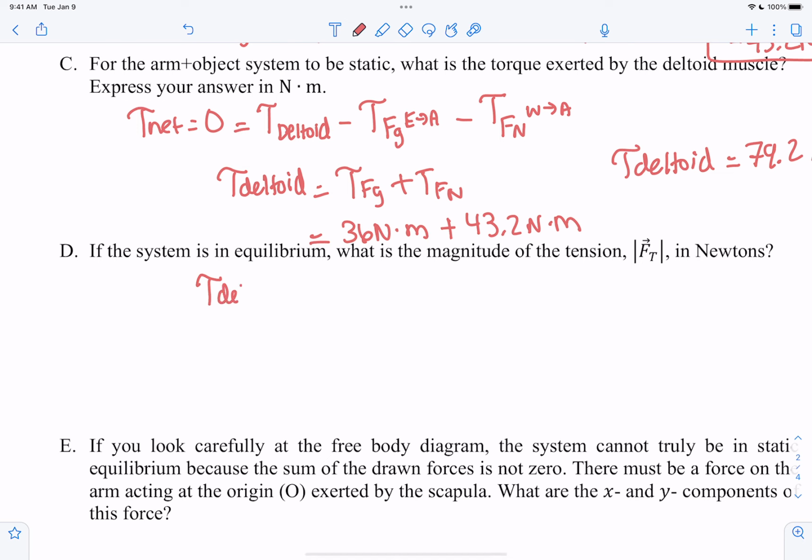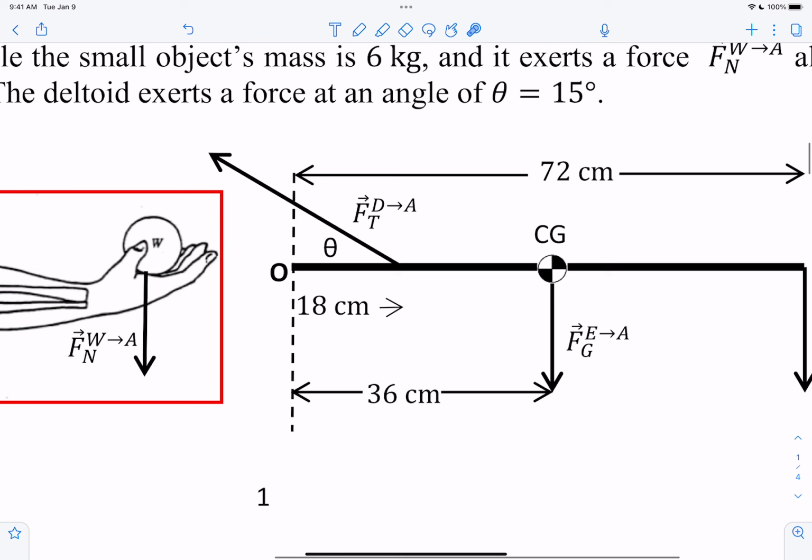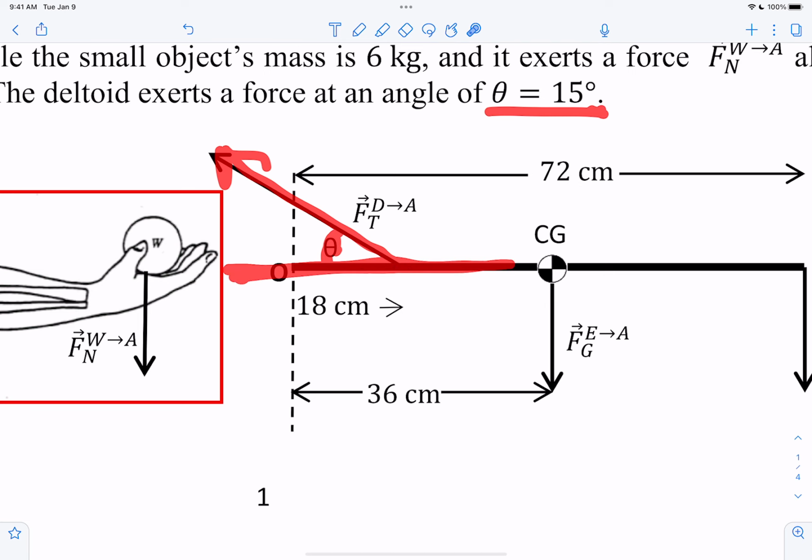So torque deltoid has to be equal to F deltoid, or F tension, that it's causing at a specific distance away along the radial line at a specific angle, right? So if we look here, it's at 0.18 meters or 18 centimeters away. It's directed along an angle of 15 degrees, the angle sandwiched between the radial line and the force, right?